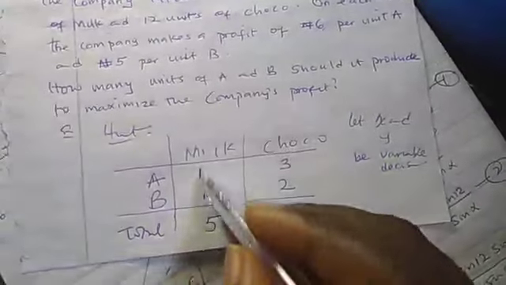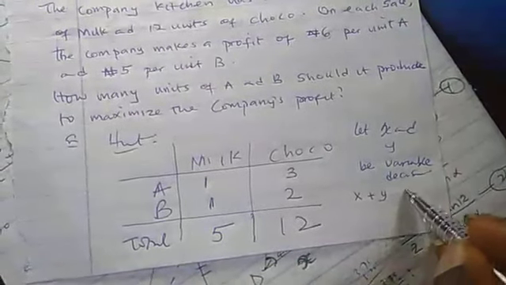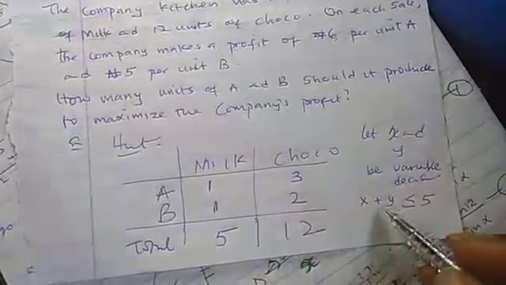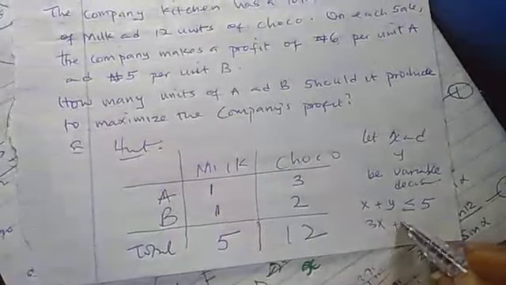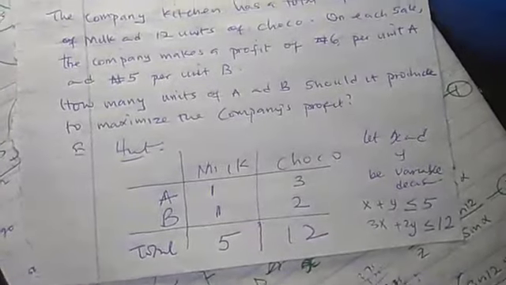So what are we going to have? Here will be X plus Y is less than or equal to 5. That is for this. This one will be 3x plus 2y is less than or equal to 12.